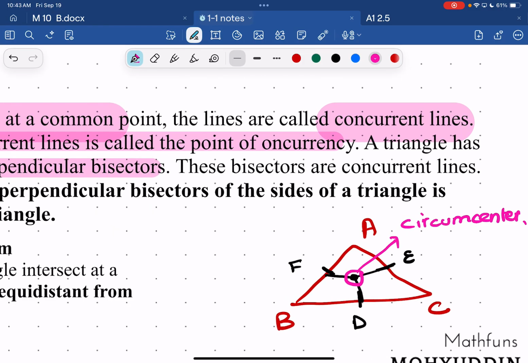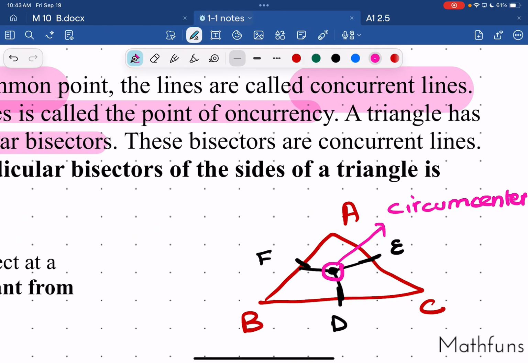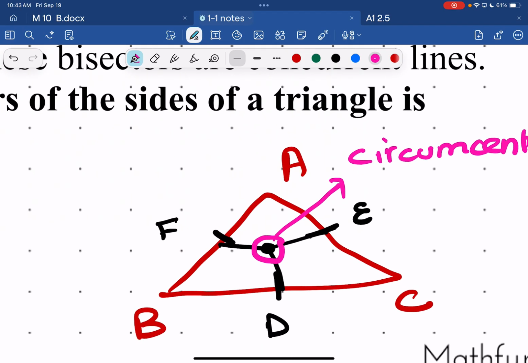Now I have a question. What do you think will be the relationship between the circumcenter and all the vertices? This is the circumcenter, and you have the three vertices, right? A, B, C. So the circumcenter, Ananya, it will be at the same distance from all the vertices, right?